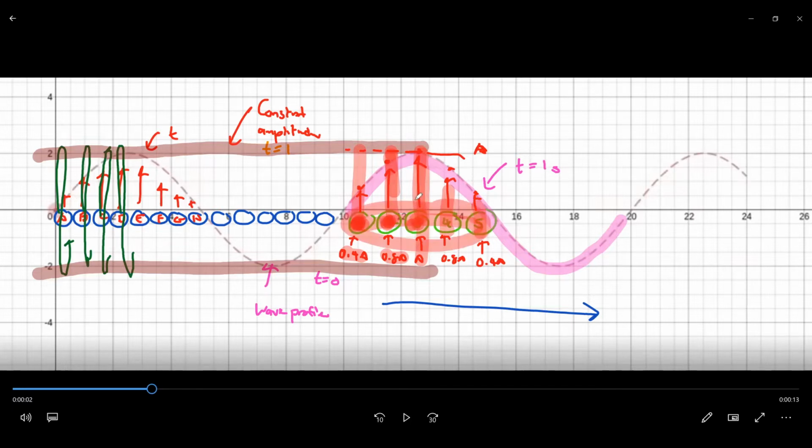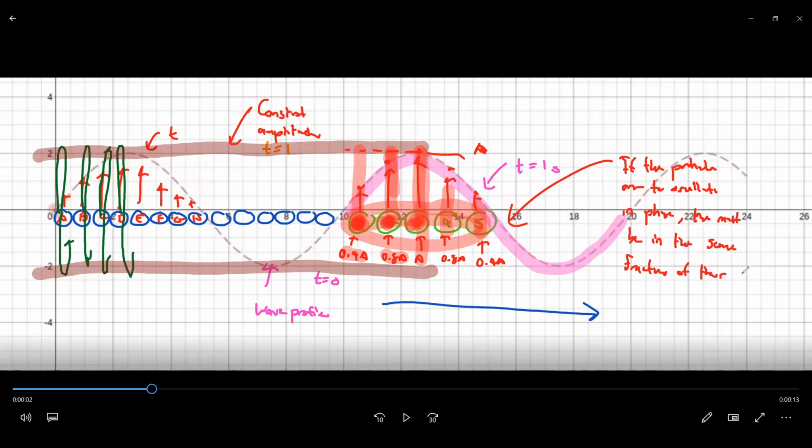For all the particles here, when we say that they oscillate in phase, if the particles are to oscillate in phase, they must be in the same fraction of their cycle.